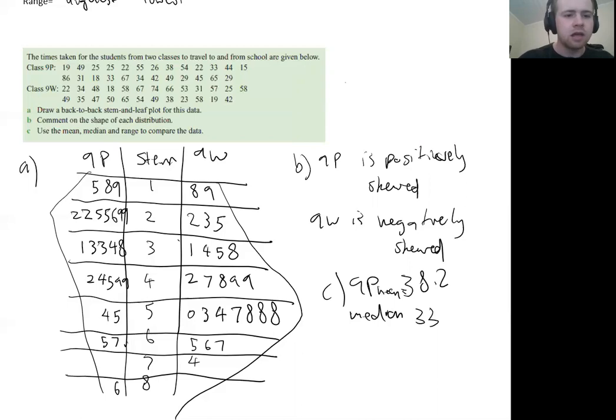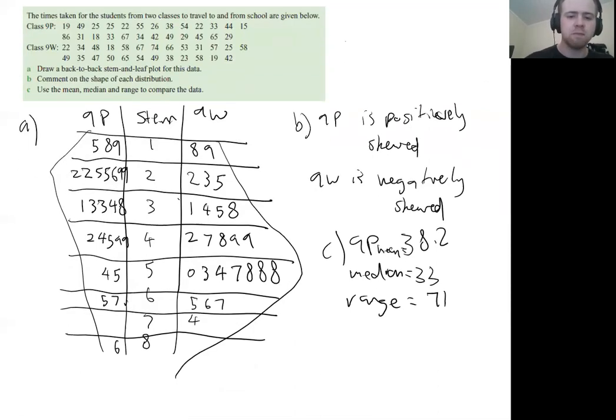Okay, and the range is just going to be the biggest minus the smallest. So our biggest one was 86 minus 15. So the range would be 71 in this instance. Now, I'm not going to go through and calculate all of these ones for the other data set, but we'll just go through the answers here.